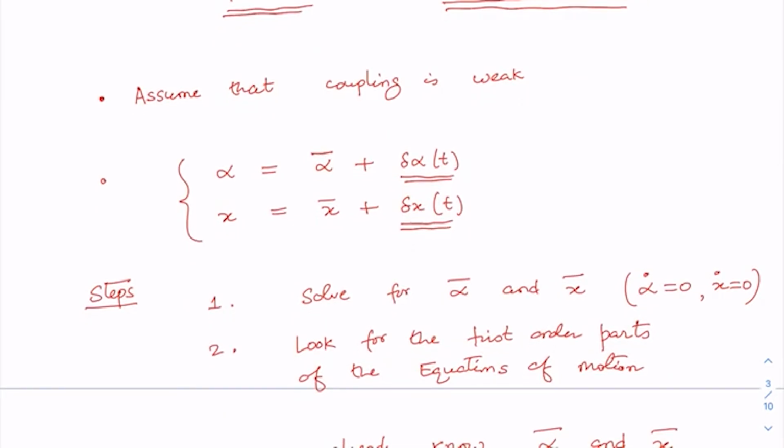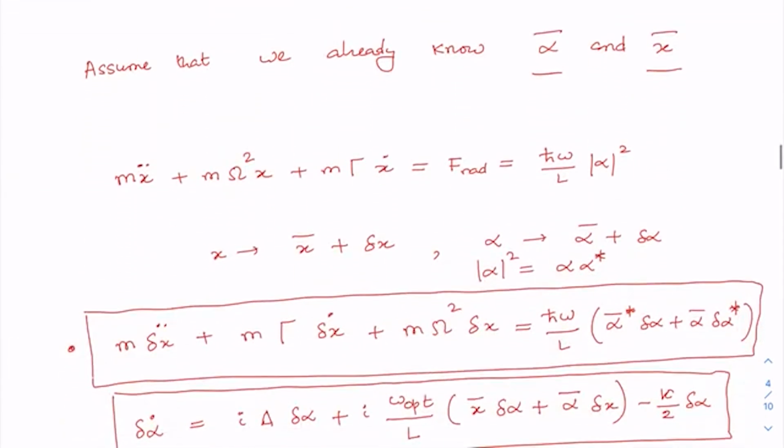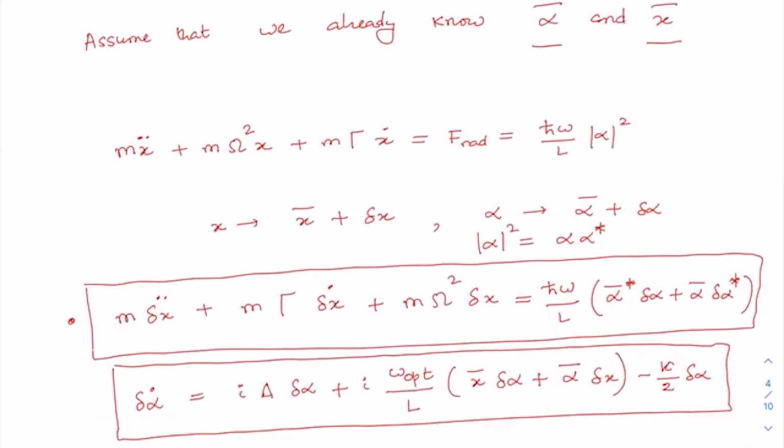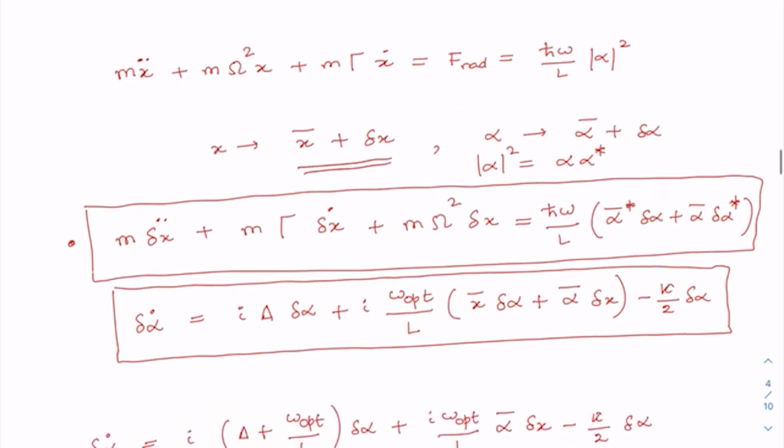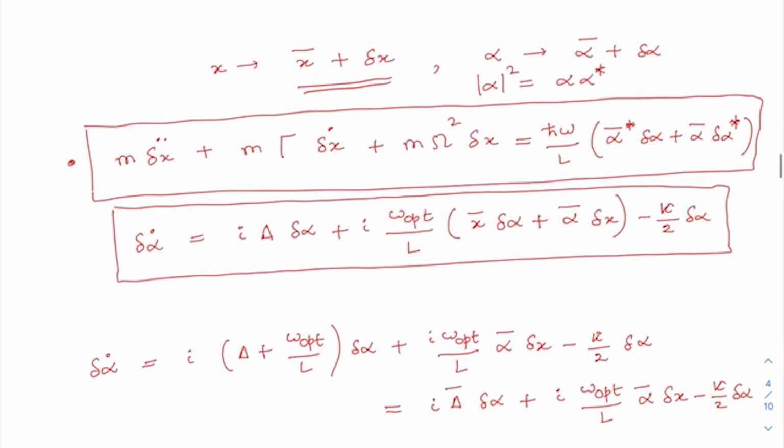First we solve it for the steady state, and then we look for the first order parts of the equation of motion. Now assuming that we already know the steady state values alpha bar and x bar, we solve this equation of motion, and then we replace x by x bar plus delta x and alpha by alpha bar plus delta alpha, and we obtain the equations for the corresponding fluctuations for the mechanics as well as the light field.